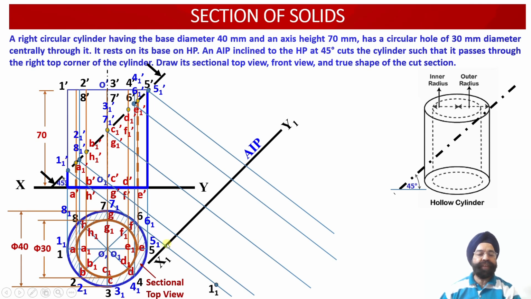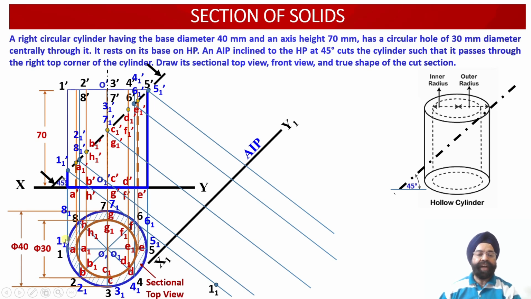Now the first point which we are going to draw onto this projector line, which has been drawn perpendicular to the x1 y1 reference plane, is point 11. So you can check. First of all, we are going to mark the distance between the reference line xy and the point of intersection 11 in the top view projection.